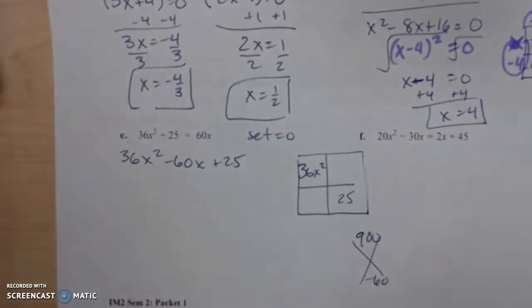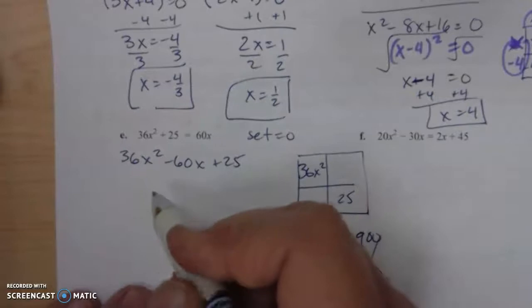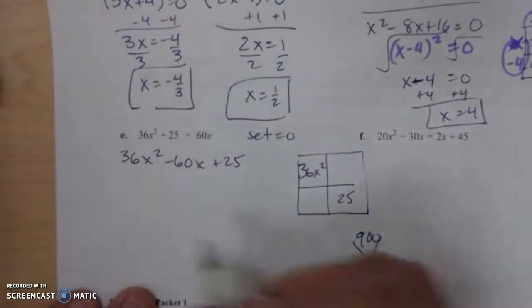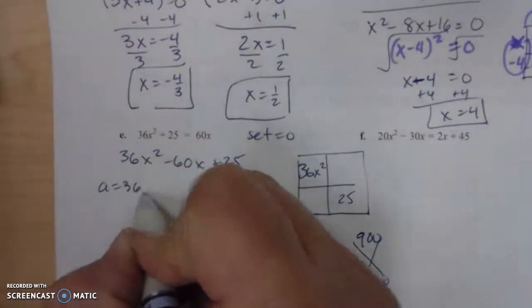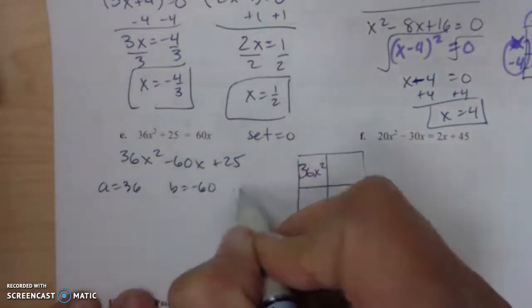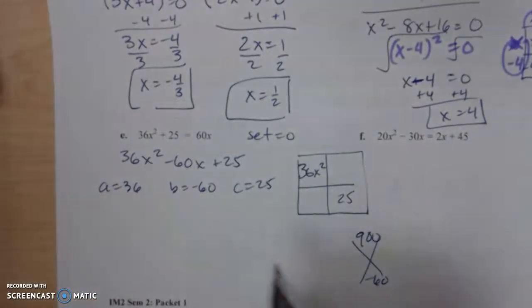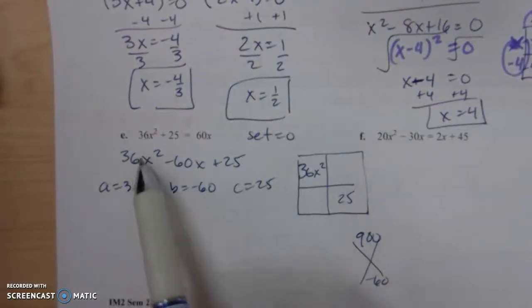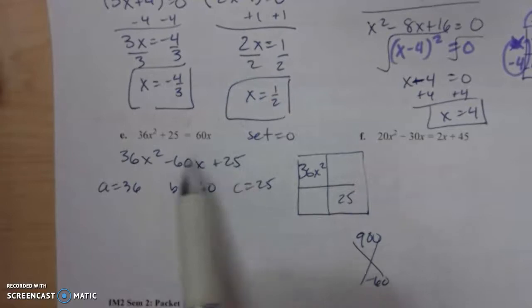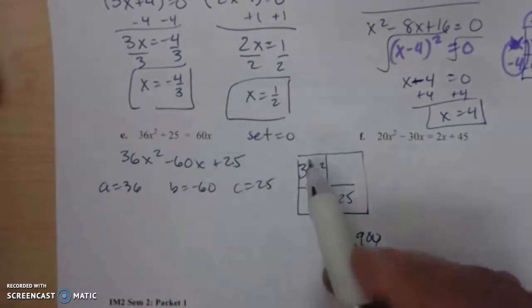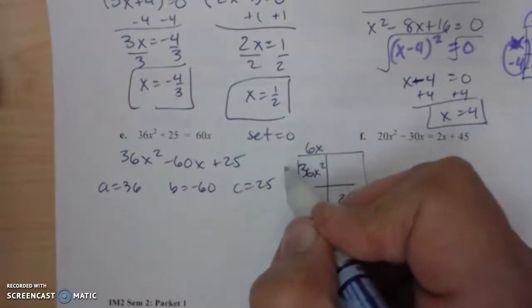Well, I can see that this is a perfect trinomial square, but if I'm really stuck, maybe you can't see that, I can always do a equals 36, b equals negative 60, c equals 25. Again, those are really big numbers to put in my quadratic formula. But I do notice that this is a perfect square and this is a perfect square. So check this out. This is a perfect square of 6x times 6x.